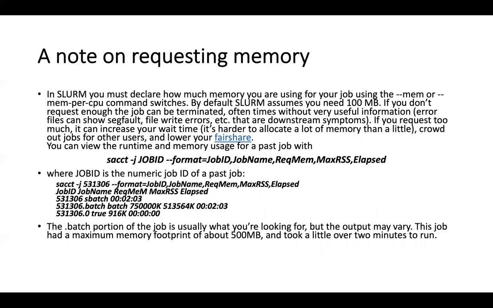And here is how we request memory. You must declare how much memory you are using per job, using the --mem or --mem-per-cpu command switches. By default, Slurm assumes you will need 100 megabytes. If you don't request enough, the job can be terminated.